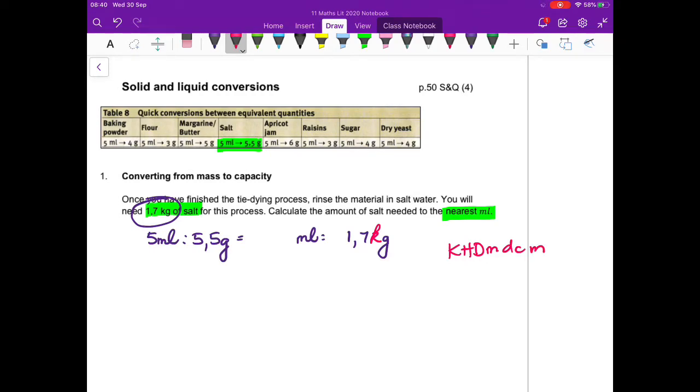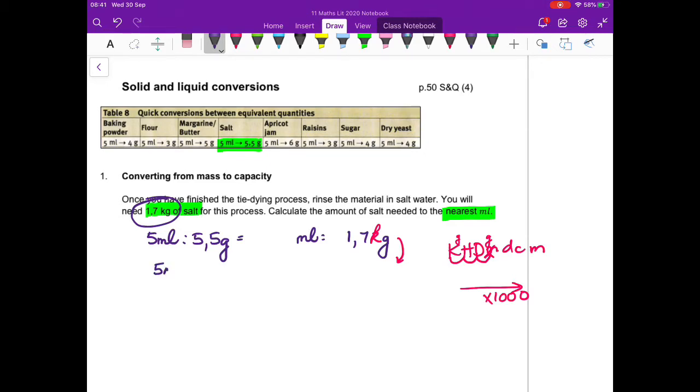I am going from kilograms to grams, so I'm going to the right. I multiply 1, 2, 3 bunny hops, and I put a 1 in front, so I'm going to multiply by 1,000. And when I multiply by 1,000, I will get 1,700.